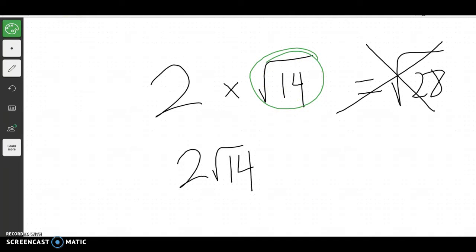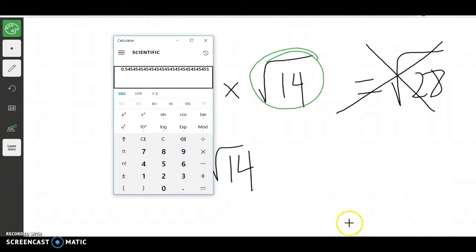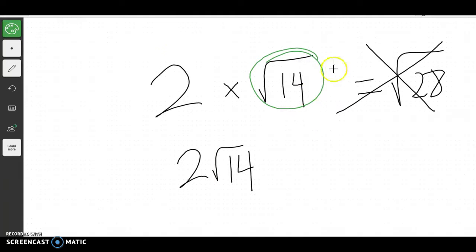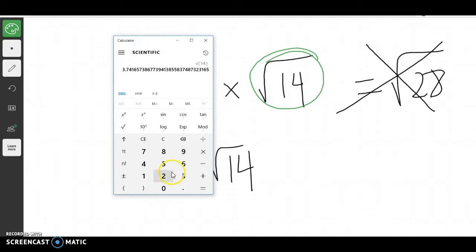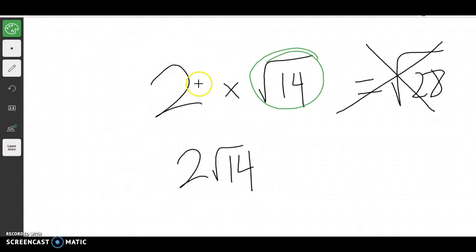If you look on your calculator, it's probably close to 4. So 2 times radical 14 is really pretty close to 8. But it's not close to radical 28, because if you do radical 28, you get that's 5. So you can't multiply a non-radical and a radical together. The most I can do is just combine those things and make them look as nice as possible.